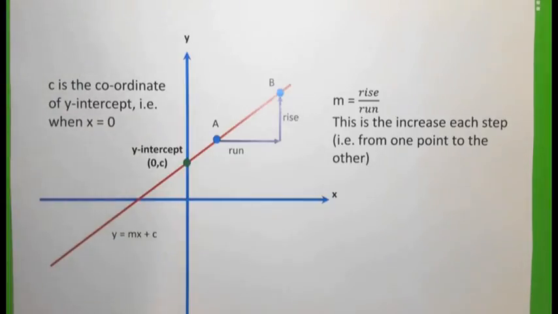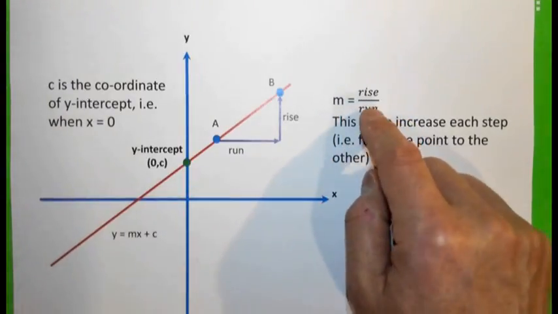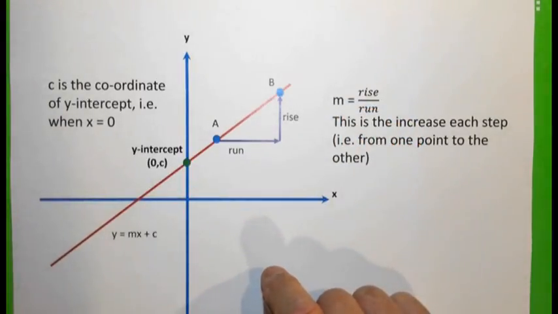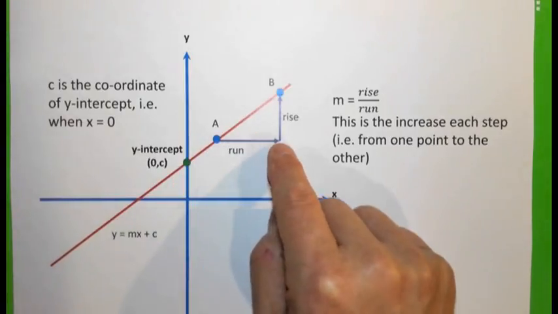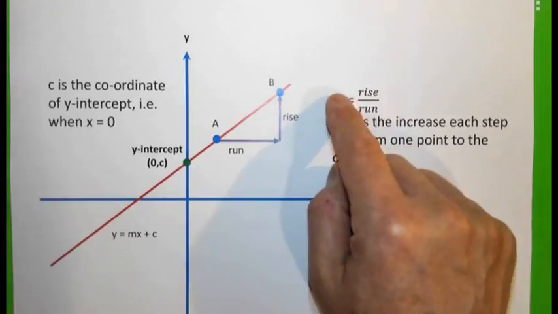Right, let's look at how to plot a straight line graph using y equals mx plus c. We know that the general equation is y equals mx plus c. If we are given m, we know m equals rise over run. Therefore, whatever run across, we would know the rise given the m.